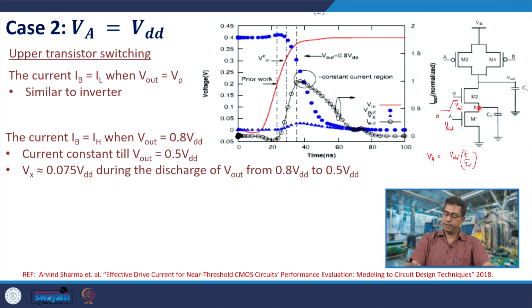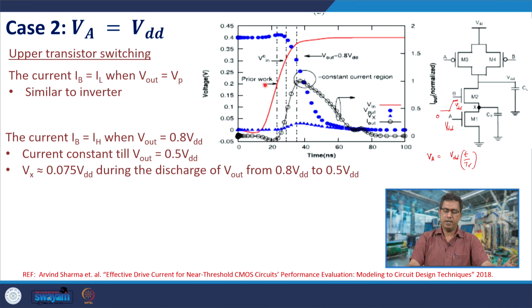Now, node X is at 0 volts, and like for the inverter, the current starts assuming an important value and the output begins to discharge only when the input reaches around 75% of VDD, or V in C to be more correct.